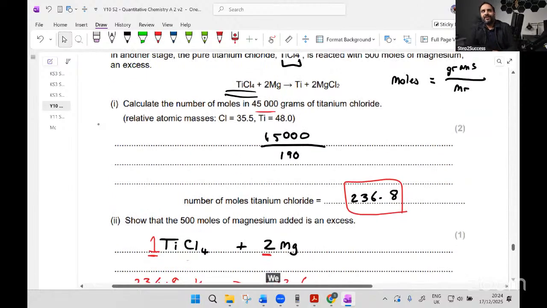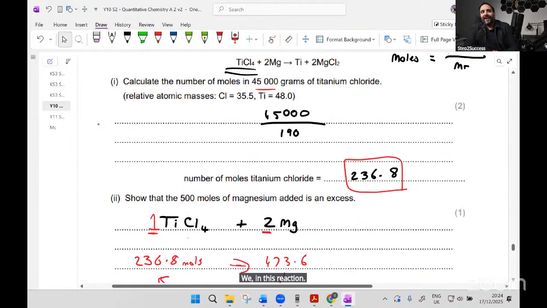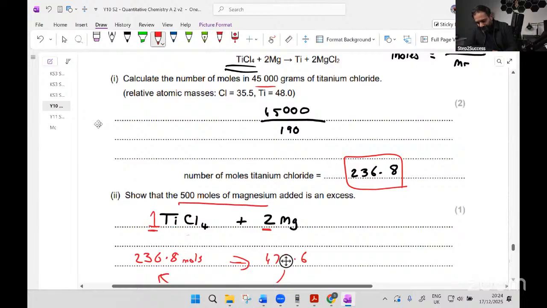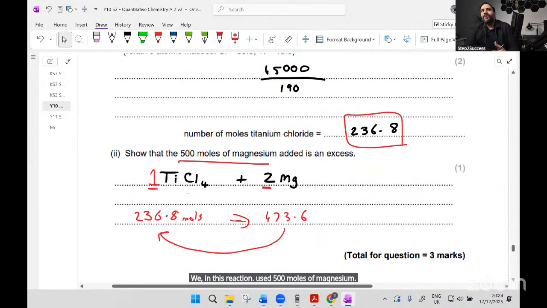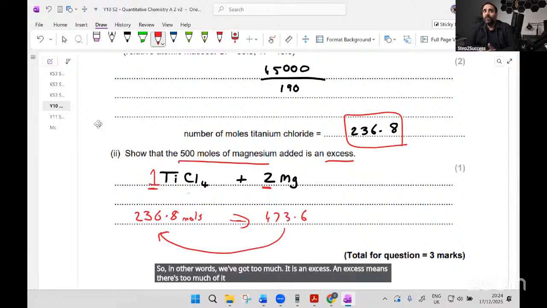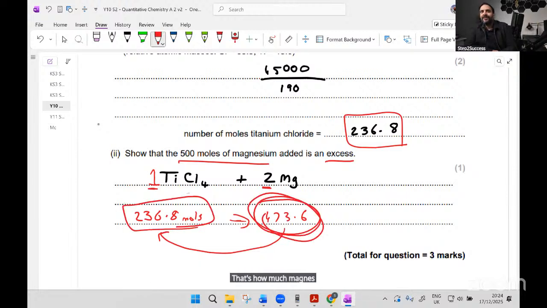In this reaction, we used 500 moles of magnesium. So, in other words, we've got too much. It is an excess. An excess means there's too much of it. It won't all react. We've just proved it, because based on the numbers that we've got, that's how much magnesium will actually react. So 500 is too much.